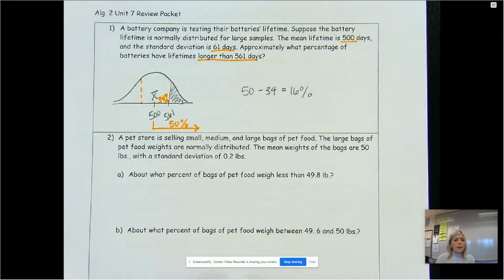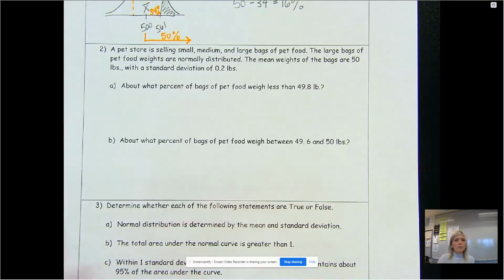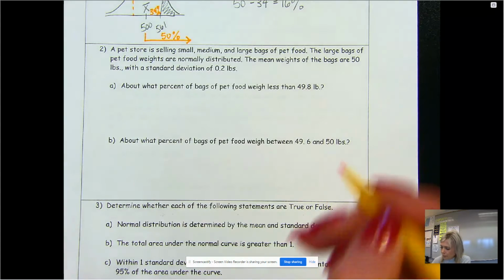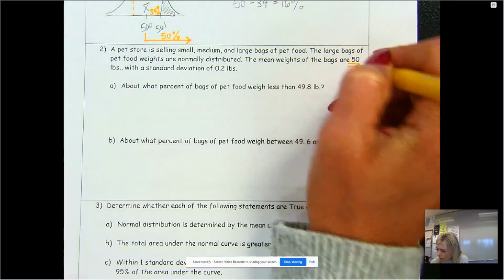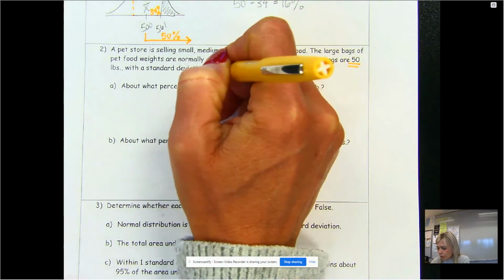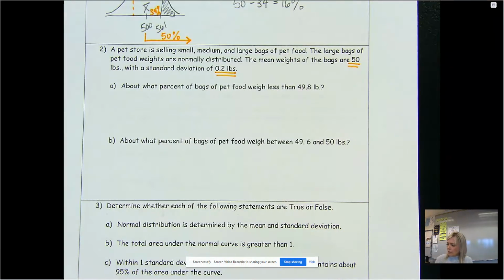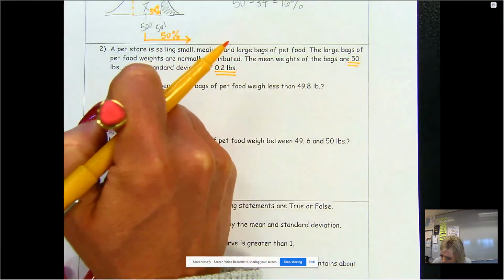Okay, number 2. A pet store is selling small, medium, and large bags of dog food. The large bags of pet food weights are normally distributed. The mean weight of the bags is 50 pounds. The standard deviation is 0.2 pounds. There are some questions to answer, so again, I just want to map this out.